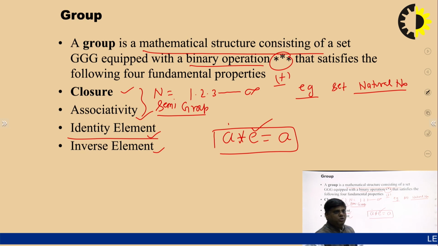There are two types of operation, plus operation and multiplication operation, that are known as binary operations.